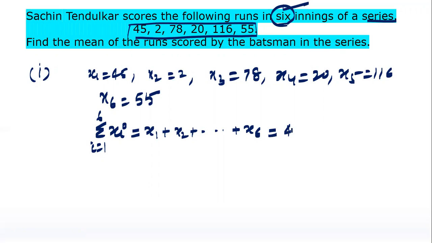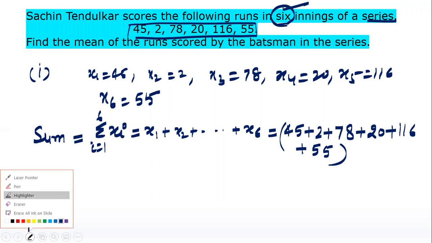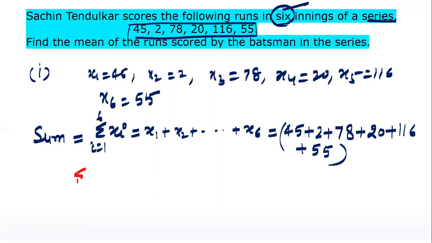That is 45 plus 2 plus 78 plus 20 plus 116 plus 55. Add them. This is the sum. What will we get? If we add all these runs, we will get 316. What is the second step?